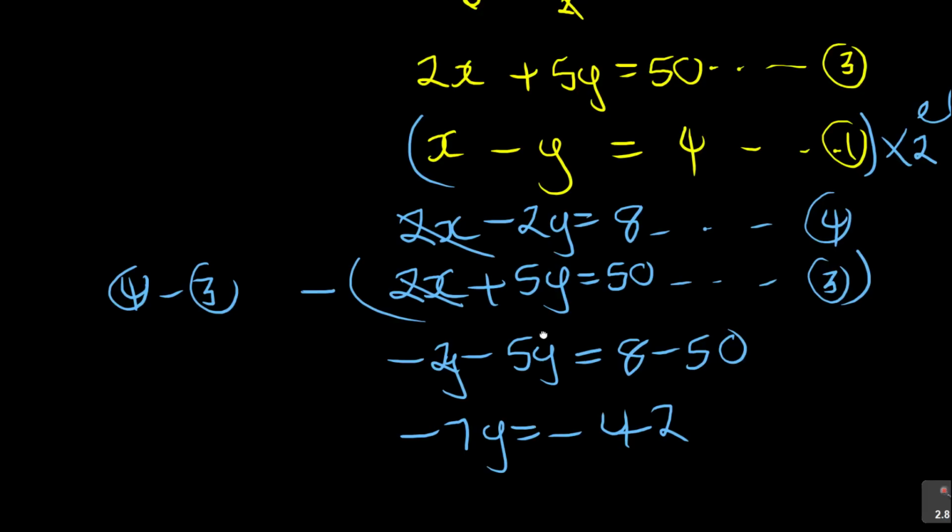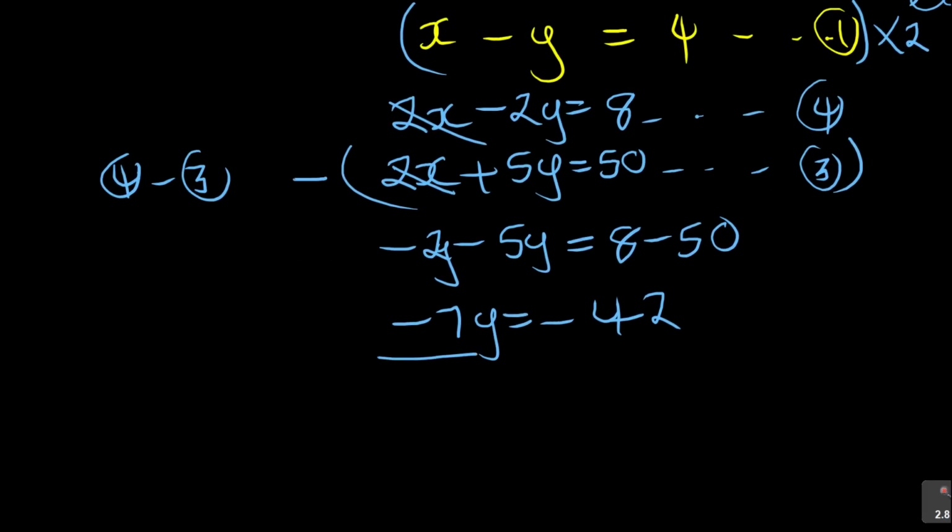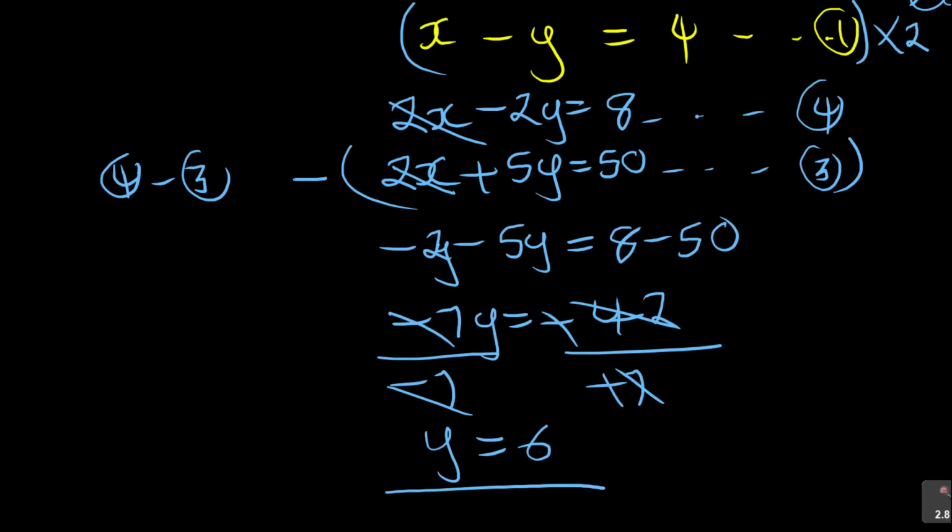Okay guys, use your calculator there, I'm not going to do that. Divide by negative 7, divide by negative 7. If you do that, y is equal to 6, negative 7 into 42 is 6. You need to know a times table also, but use a calculator to verify. So now I know my y is 6.